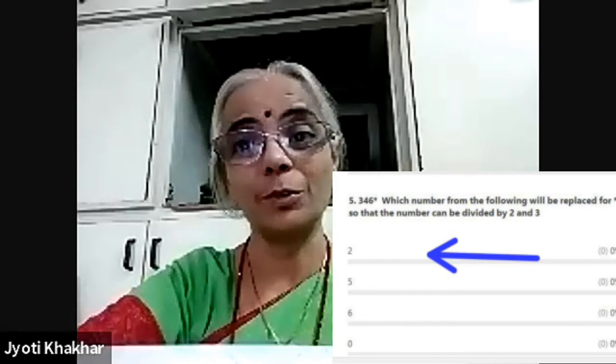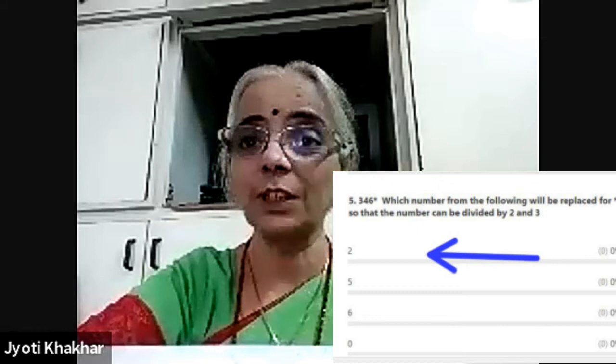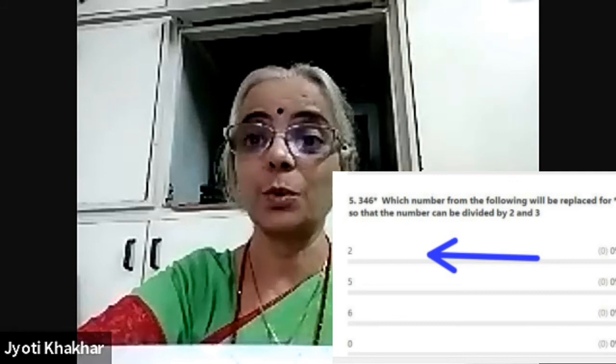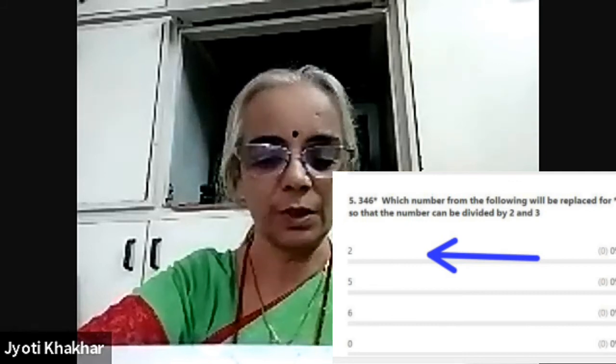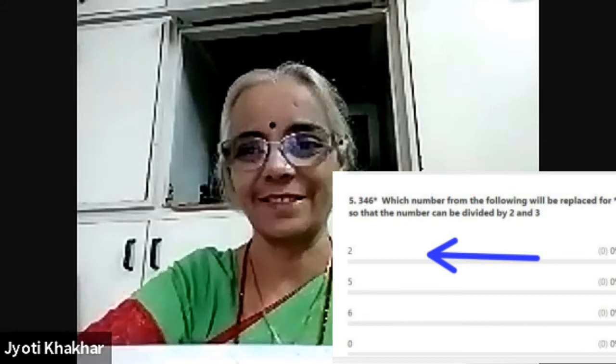We have to think about the divisibility rule of 2 and the divisibility rule of 3. If I think about 2, it means the unit place must be 0, 2, 4, 6 or 8. So options A, C and D have that, but option B does not. So B is cancelled.